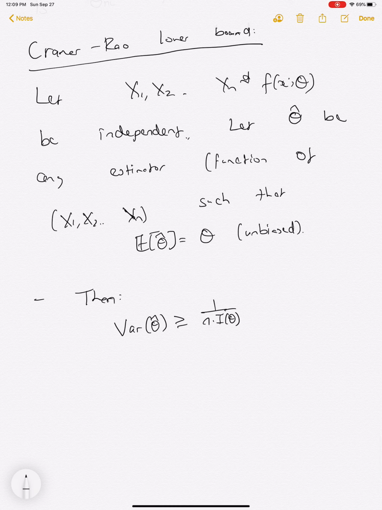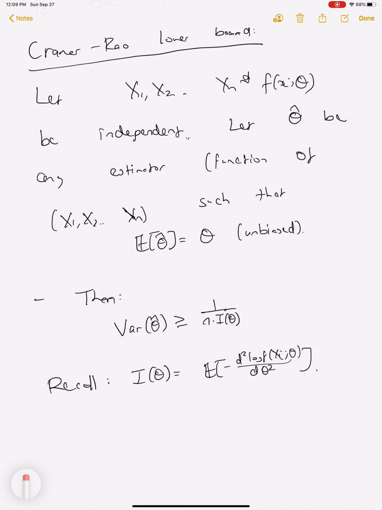Okay, so here Fisher information magically appears again, and that's going to be important because it's going to tell us something about the variance of any unbiased estimate. So what we're saying here is that now we want to look at any possible estimate you could come up with.